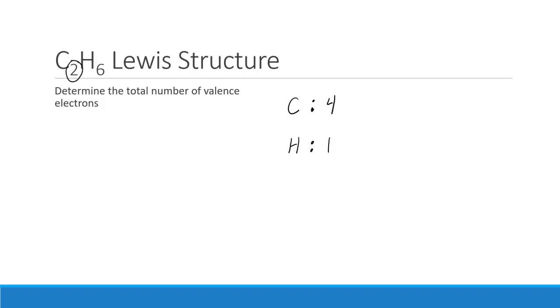And here we have a total of 2 carbons and 6 hydrogens. So we've got to multiply the 4 times 2 for the 2 carbons and 1 times 6 for the 6 hydrogens. So 8 valence electrons from carbon, 6 from hydrogen, and add those together to get a total of 14.